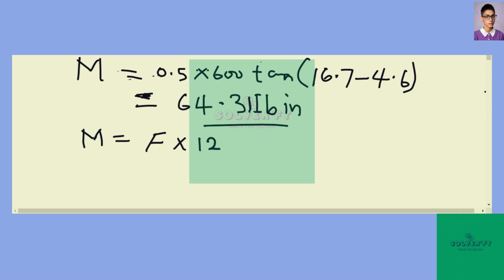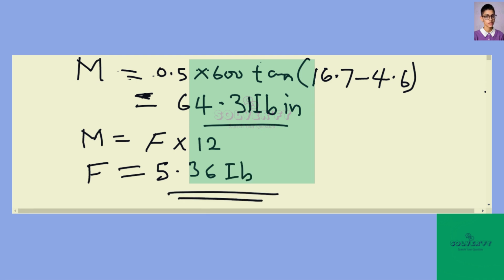So if you plug in your value of M here and divide by your 12 inches, you're going to arrive at F equal to 5.36 lb. Just plug in the value of your M here and make F the subject of the formula and get your answer.